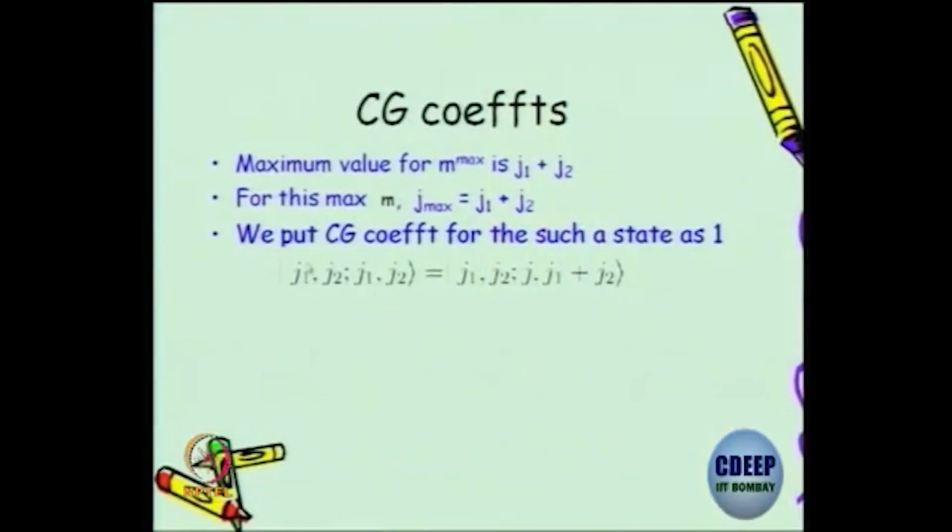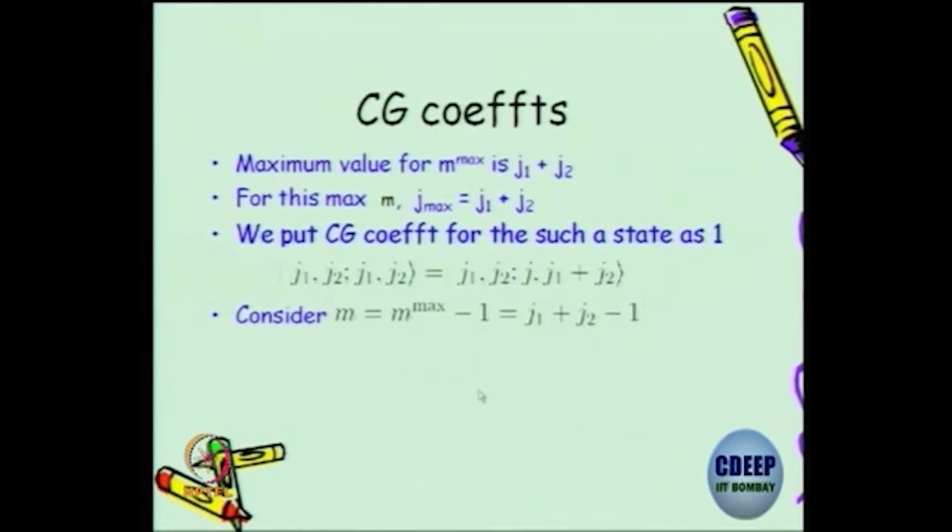So that is what I have written here, that we will put the CG equal to 1. This is the uncoupled state and this is the coupled state, and these two are equated. The M value will decrease from the maximum value in steps of 1. So you reduce from the stretch state by unit 1.